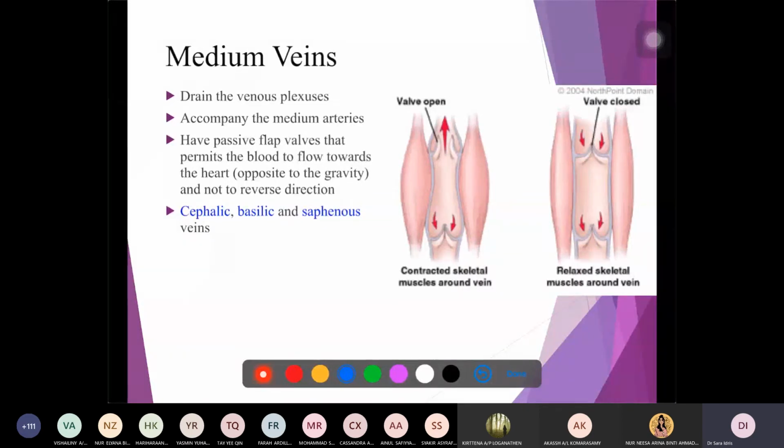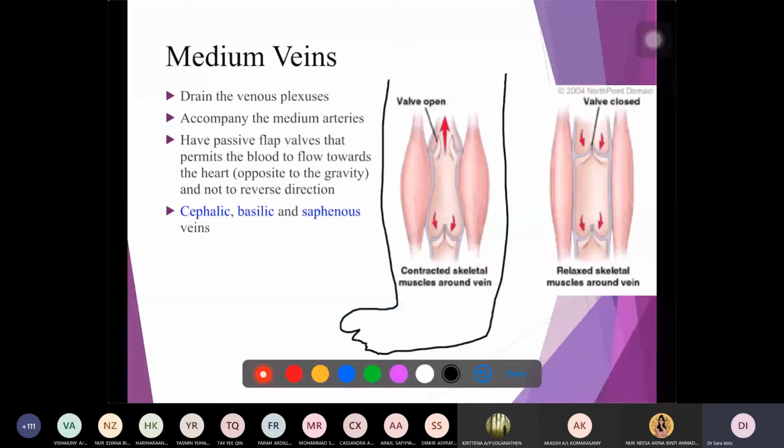So if this is, say, your lower limb, that's your feet, the blood needs to move from the distal part of your lower limb into the more proximal part. So it needs to go upwards against gravity. For arteries, you have the heart that is constantly pumping the blood in one direction. But for veins, you don't have that kind of pump. The heart is very, very far away already.